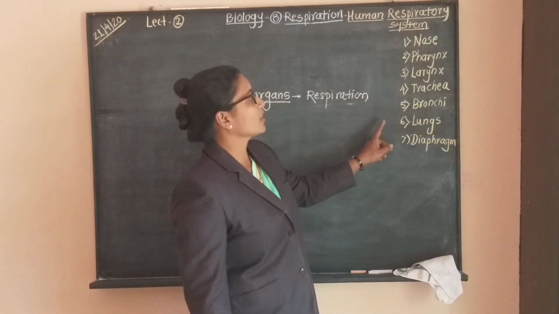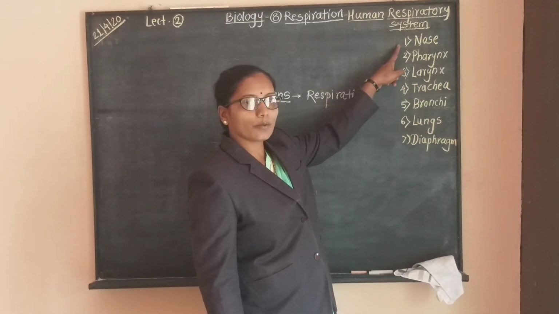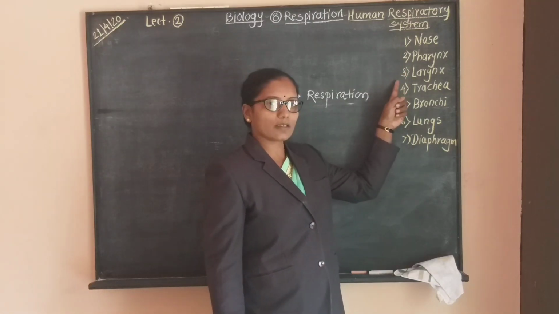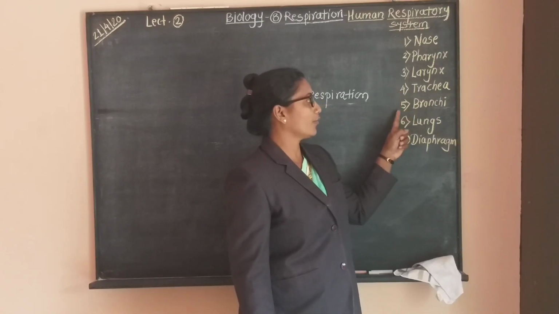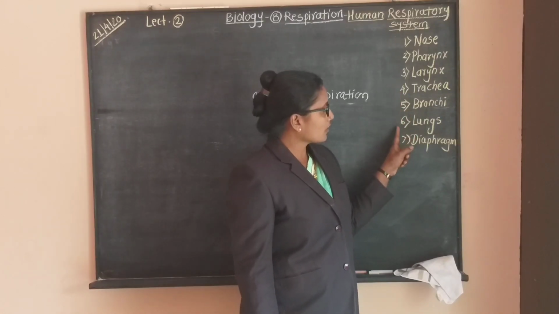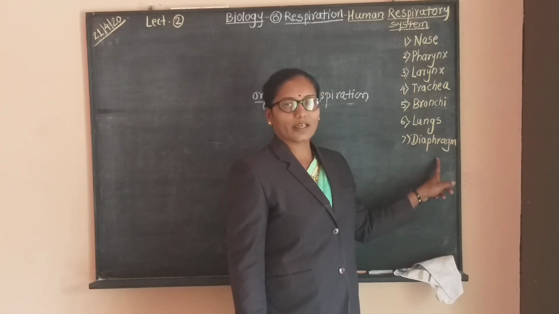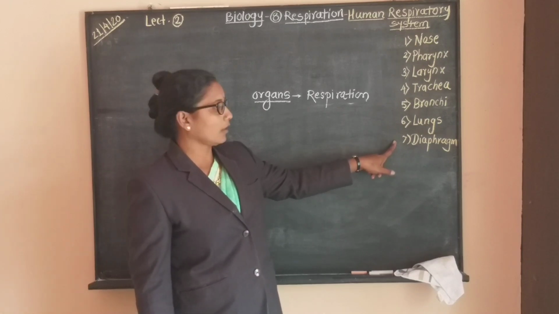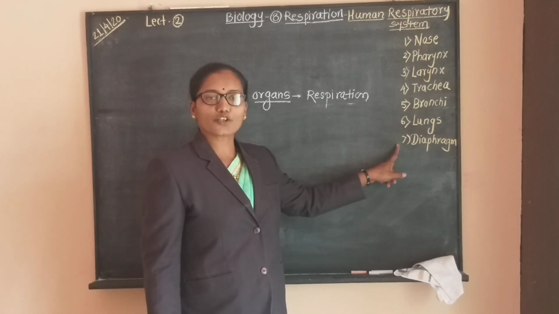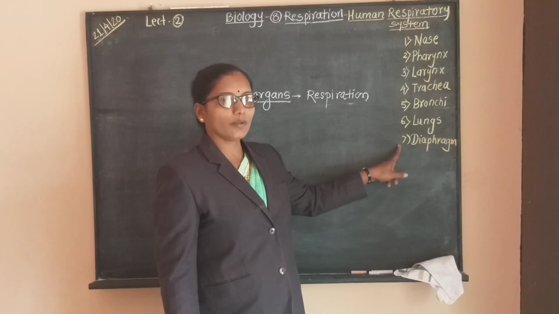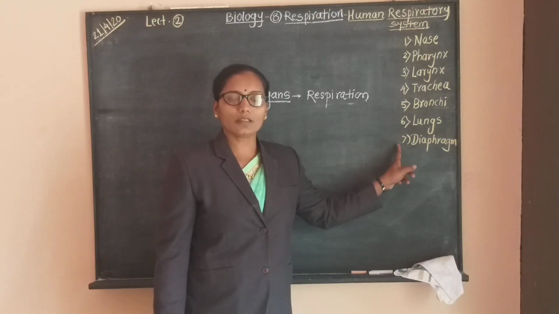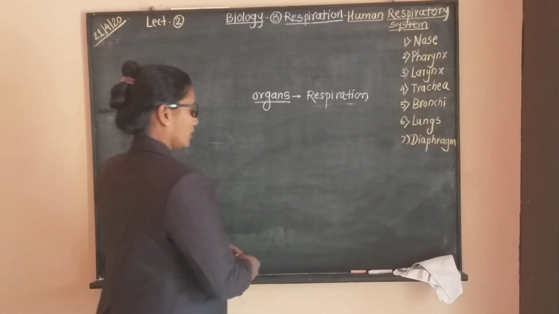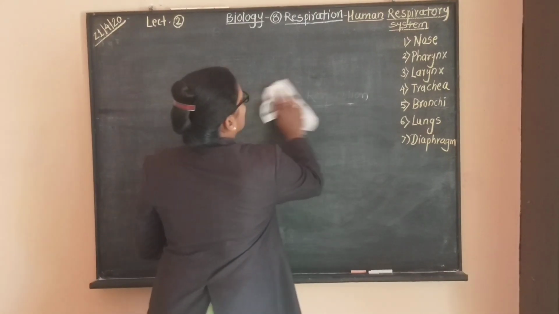In the function of respiration, the first part included is the nose, second the pharynx, third the larynx, fourth the trachea, fifth the bronchi, sixth the lungs, and seventh the diaphragm. These 7 parts play an important role in respiration, hence collectively called the human respiratory system. Now one by one we will study the details of each part, in which the first part is the nose.